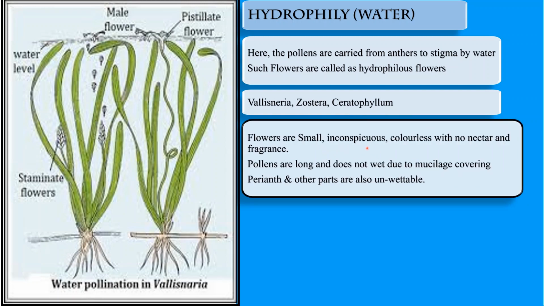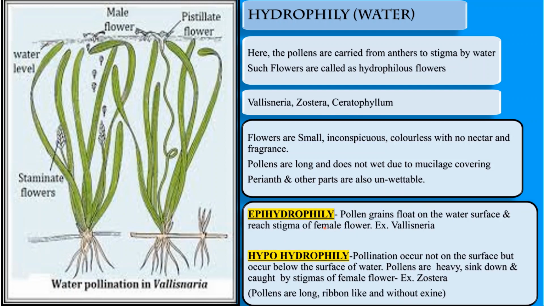Such hydrophilous flowers are small, inconspicuous, colorless, with no nectar and fragrance. Pollens are long and don't wet due to mucilage covering. Perianth and other parts are also unwettable.